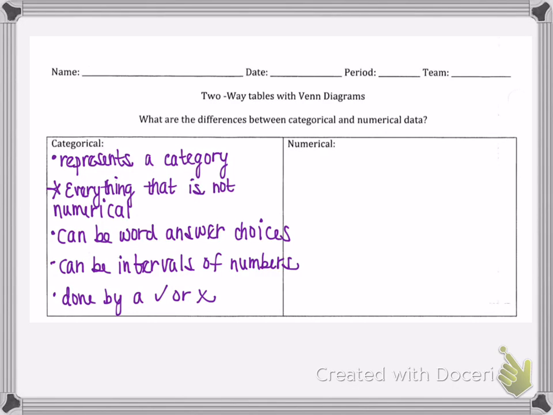For numerical, you probably guessed that that's going to involve numbers. We're going to be a little bit more specific here. This means that it is quantitative variables. It represents a series of numbers.